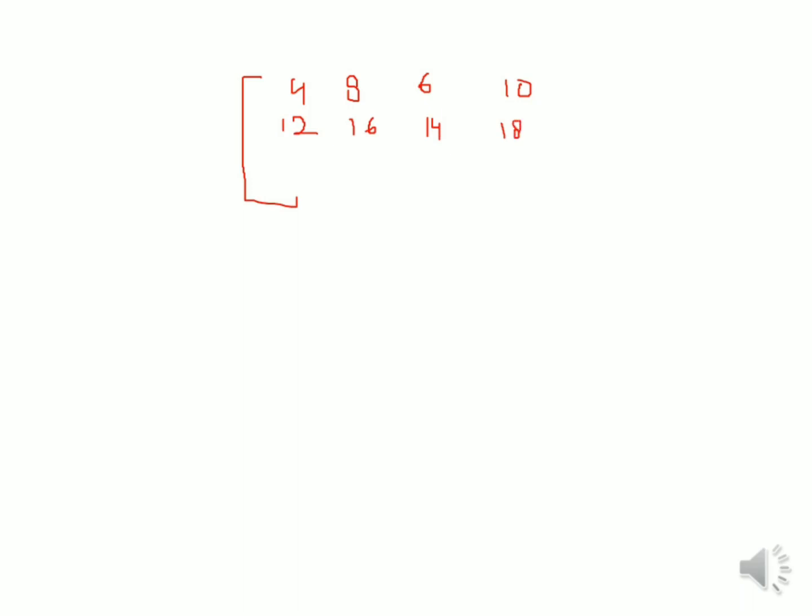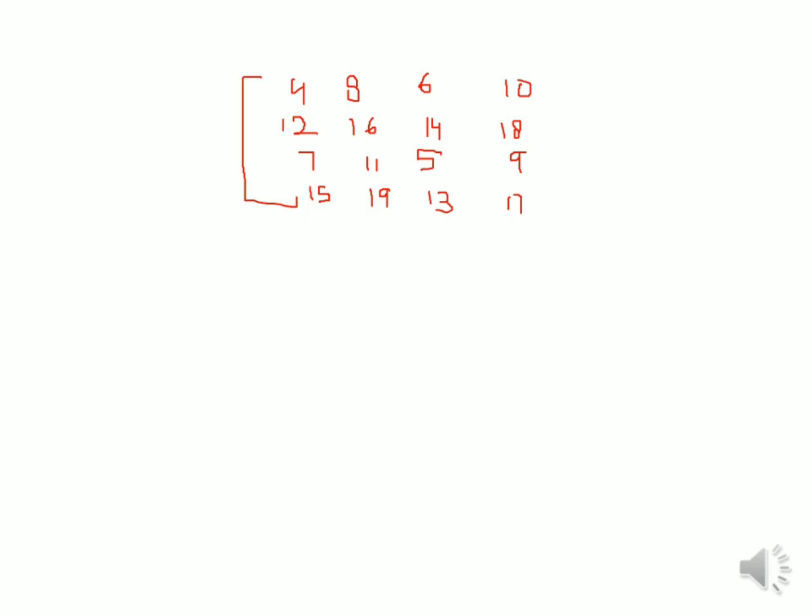The components of third row are 7, 11, 5, 9, 15, 19, 13 and 17.